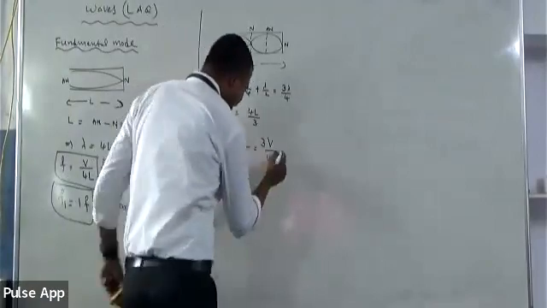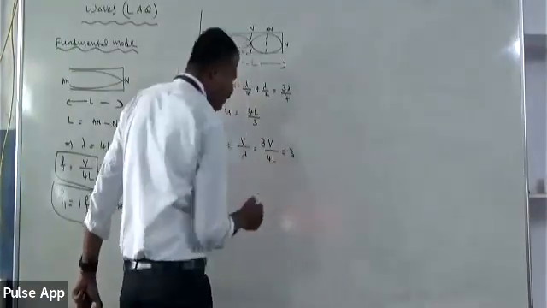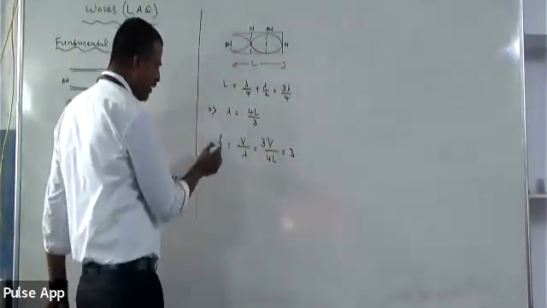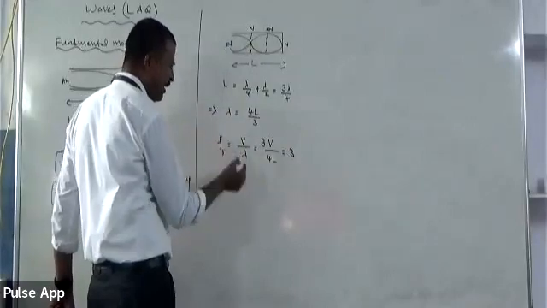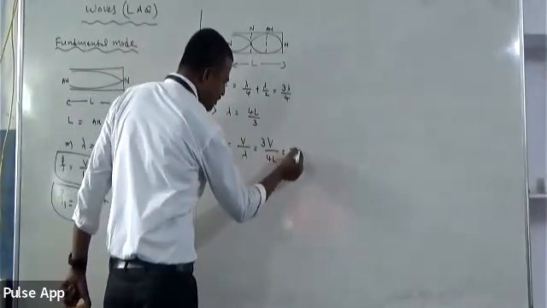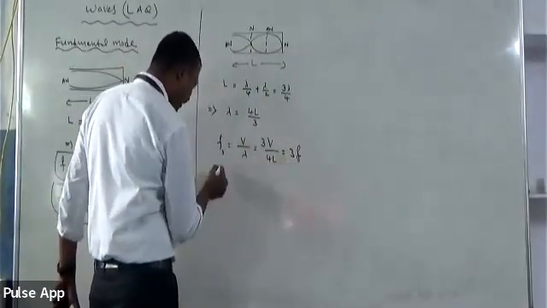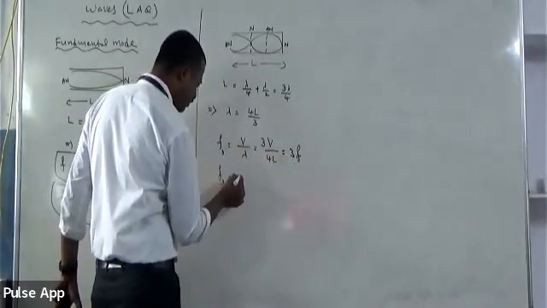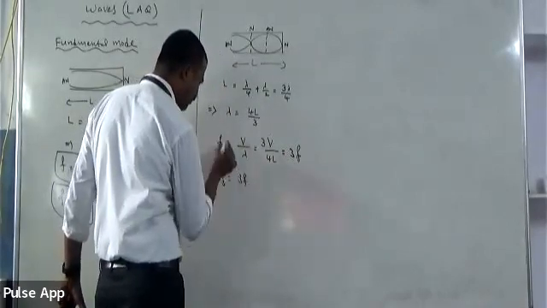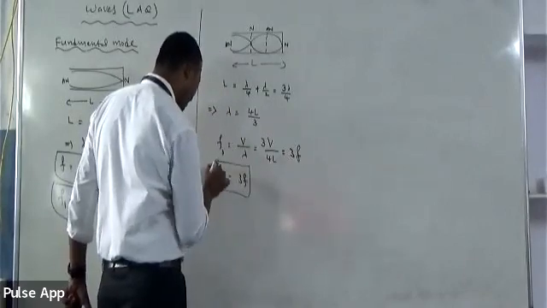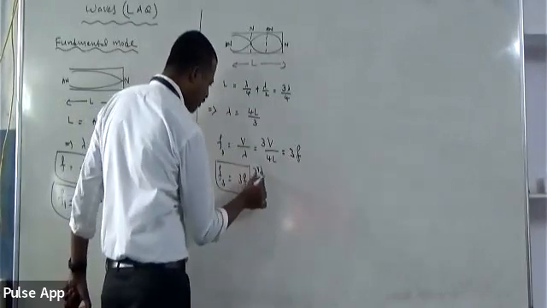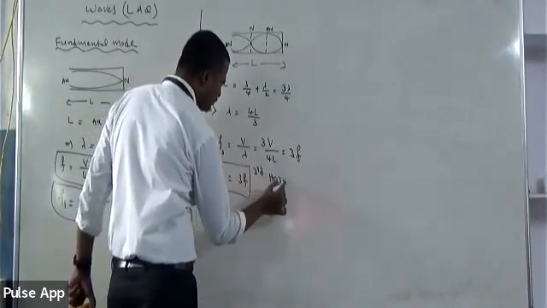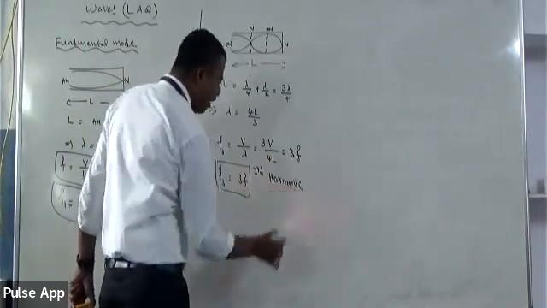I can write it as 3 times the fundamental frequency. That means we can write this as f3 and this is 3f. That means f3 is equal to 3 into f. This is what we call the third harmonic.